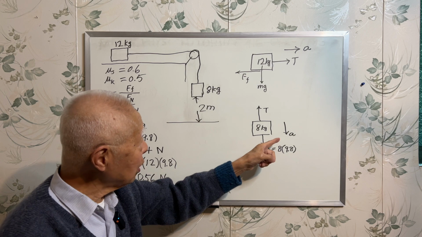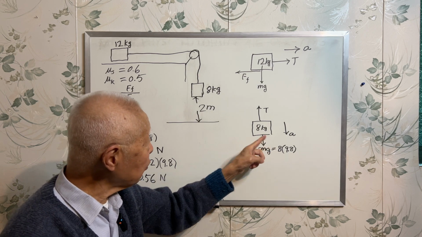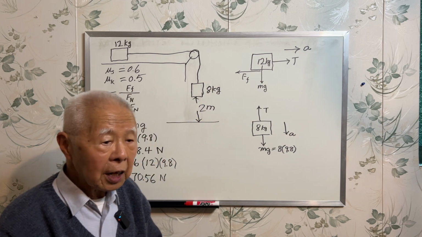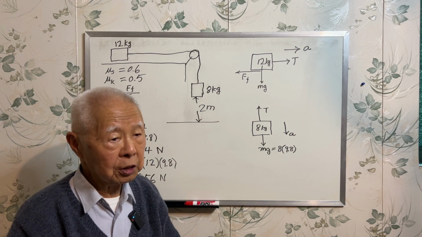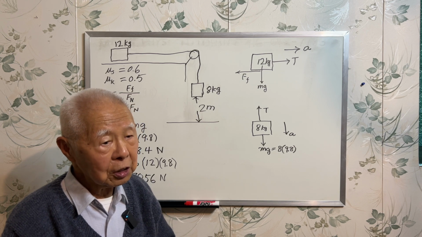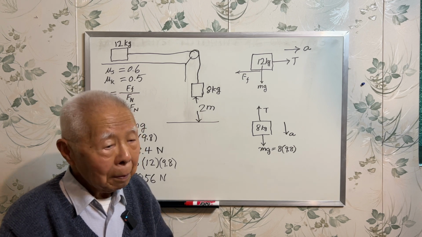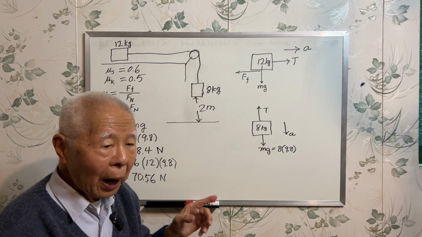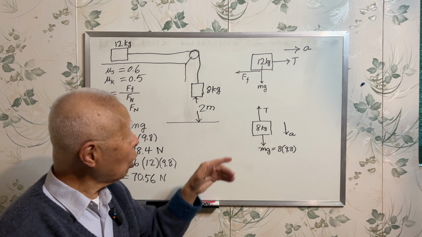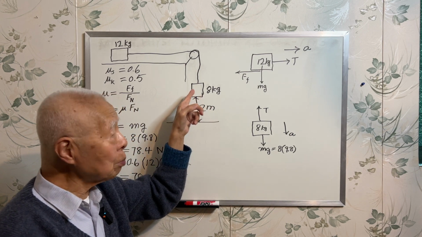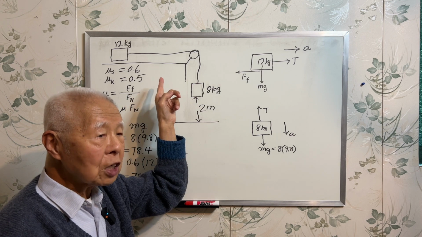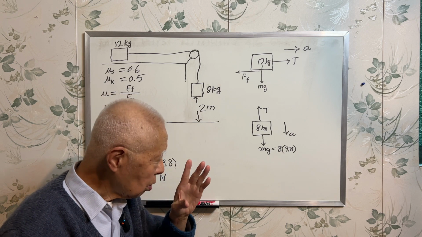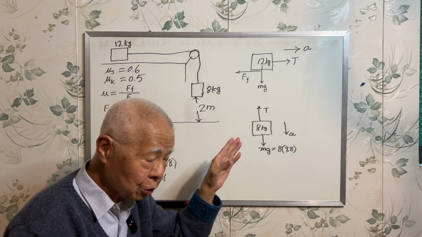How about the acceleration? The acceleration for the 8 kg and the acceleration for the 12 kg, are they different or are they the same? The answer is they are the same, because the two masses are tied by one loop. So whatever the 8 kg moves, the 12 kg moves with the same velocity, same acceleration.